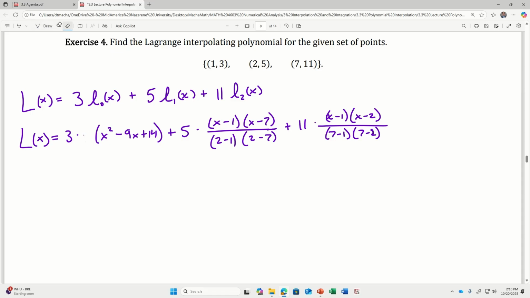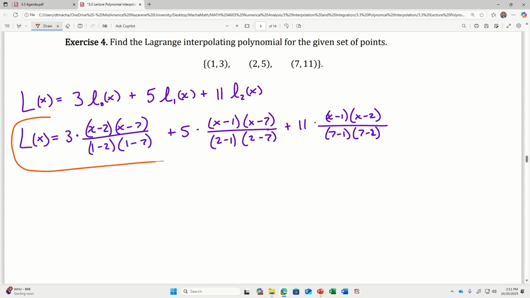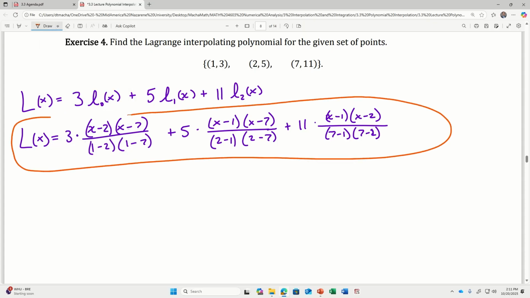In fact, maybe it's better that way. Sorry for changing my mind about it, but maybe it's better to not expand it, because that might help us see things here in a minute a little bit more clearly if we leave it unexpanded. And so it should be like x minus 2, x minus 7 divided by 1 minus 2, 1 minus 7. Okay. But this is my Lagrange interpolating polynomial.